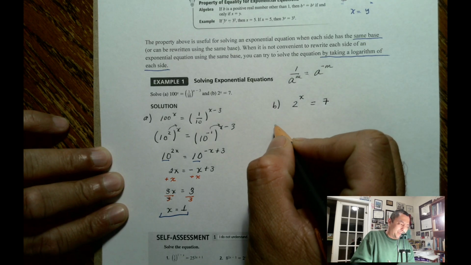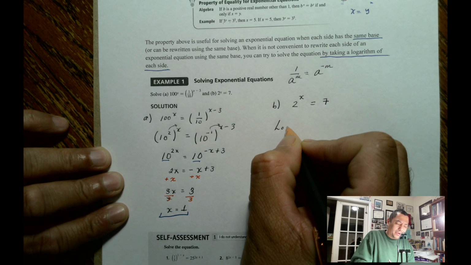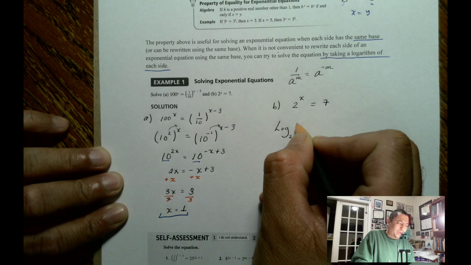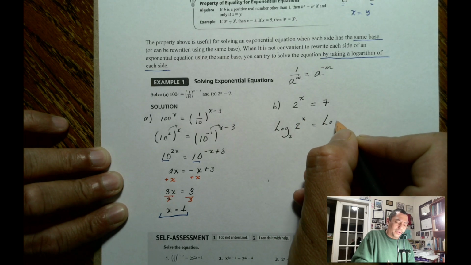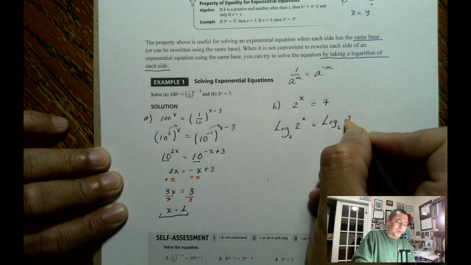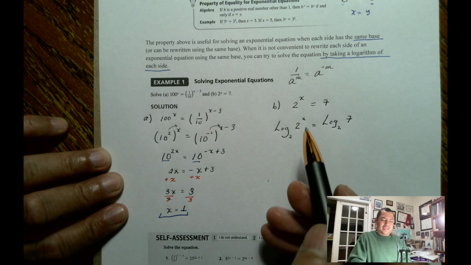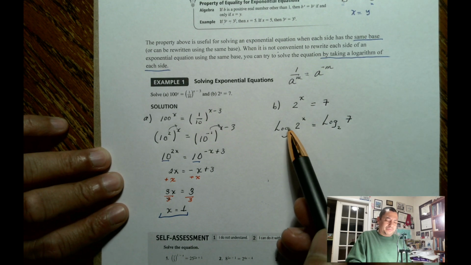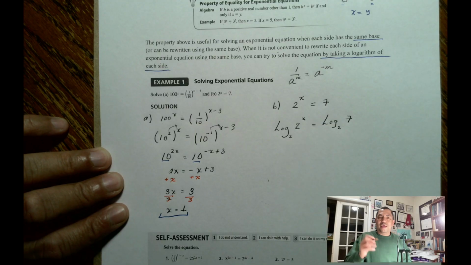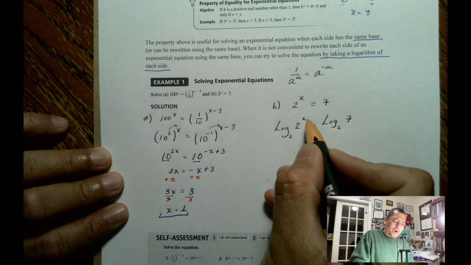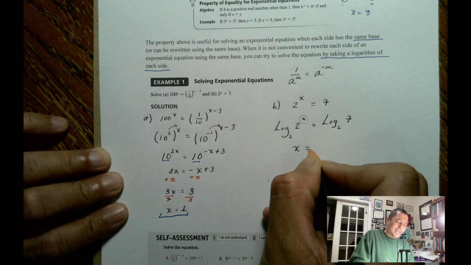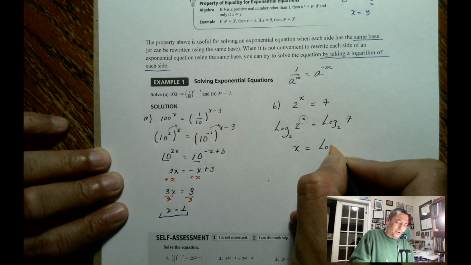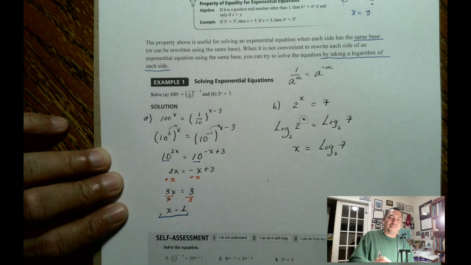For example, I'm going to do log base 2 of 2 to the x equals log base 2 of 7. Now remember the property that we have: log base 2 of 2 is equal to 1, so we only have x. In this case, we're going to have that x is equal to log base 2 of 7.